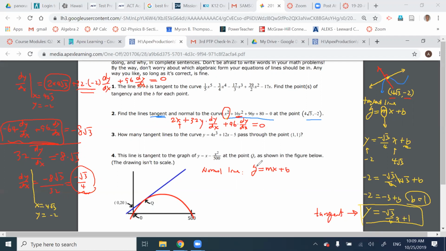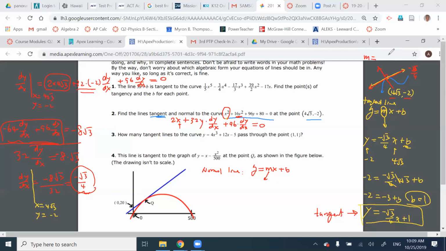Zoe, can you tell me what is the slope right now for the normal line? Do you know the slope of this tangent line now? We knew that, right? What's that? -√3 over 4, right? So, Anna, if you know the tangent line slope is -√3 over 4, can you find the slope of the normal line now? Is it the reciprocal?